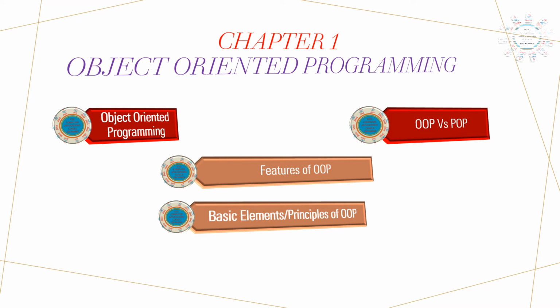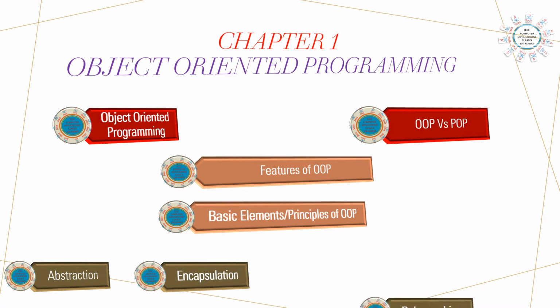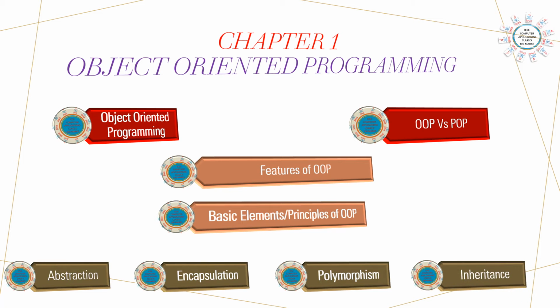Basic elements or principles of object-oriented programming, that is abstraction, encapsulation, polymorphism and inheritance. All these questions are important. This is the first video of the revision series, so we will be discussing all the answers, how to write the answer and what points have to be added and what points have to be omitted.